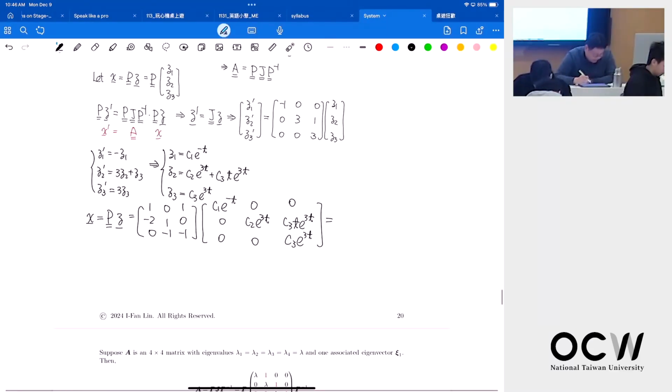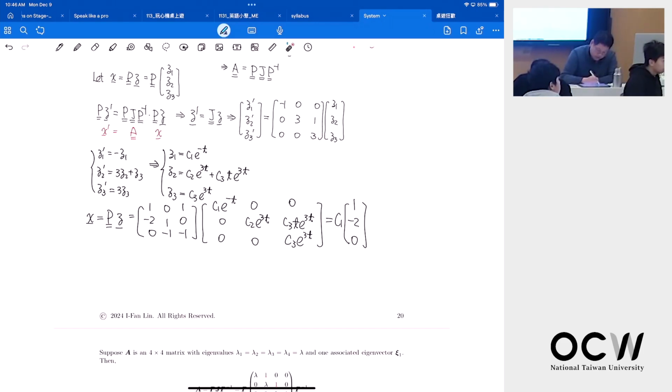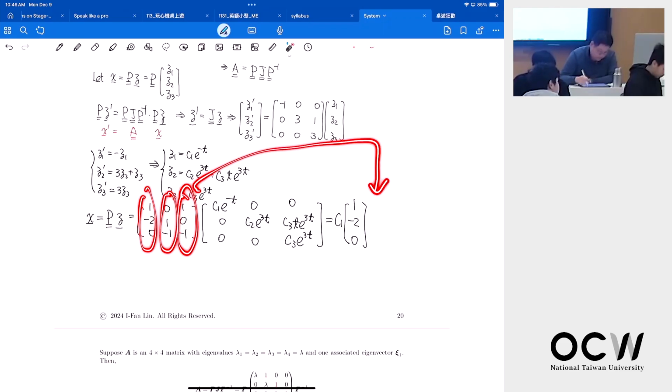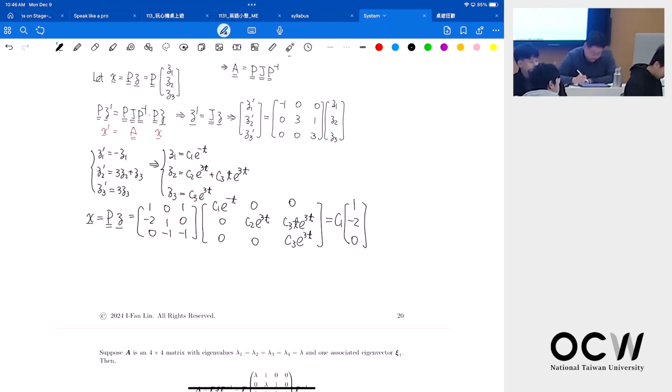You can also write it down as C1 times the column 1 minus 2, 0, using columns. Here I have e to the minus t, C2 times the column 0, 1 minus 1, e to the 3t, and C3 times a column.